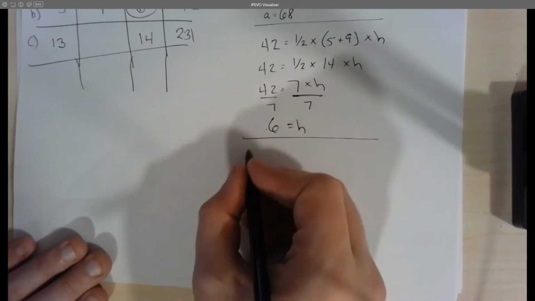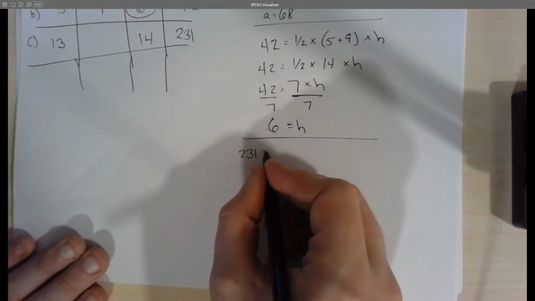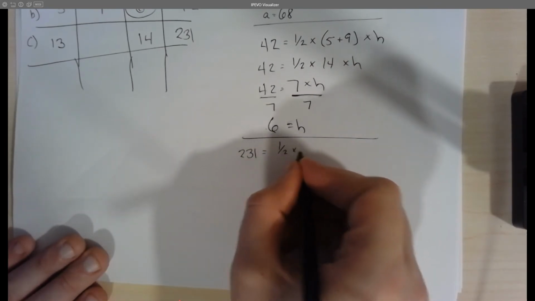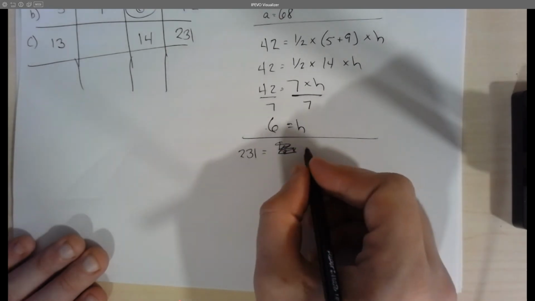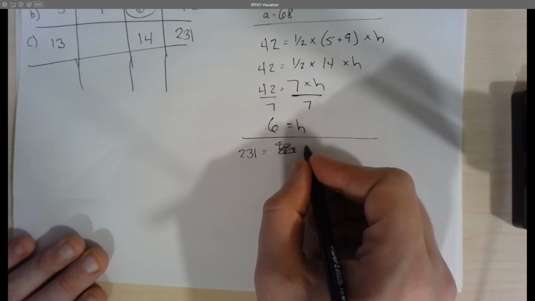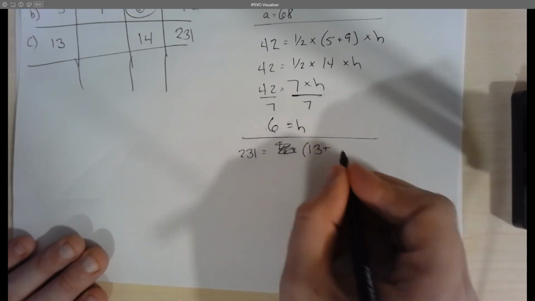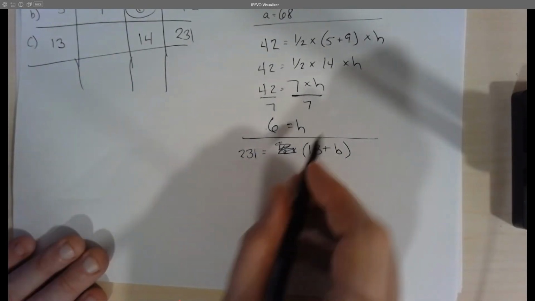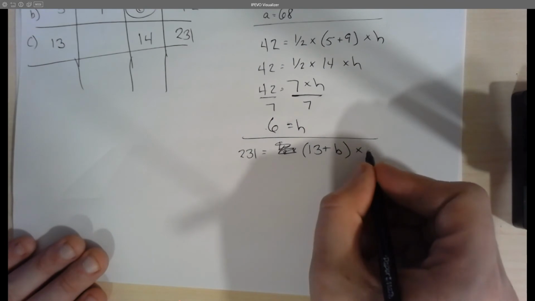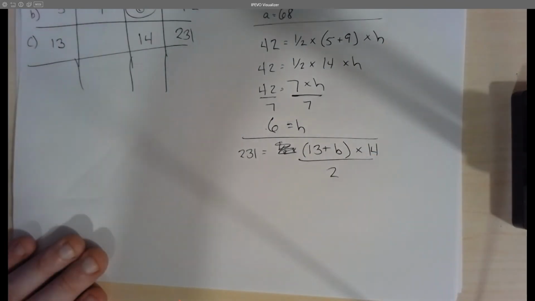So our area is 231, which equals 1/2 times, actually in this case I'm going to use just the divided by 2. It'll become a bit easier and you'll see in a minute. Base 1, which is 13, plus base 2, which we don't know, I'm just going to call B because that's what it is in our chart, times a height of 14 divided by 2, or times 1/2, however you want to see it.